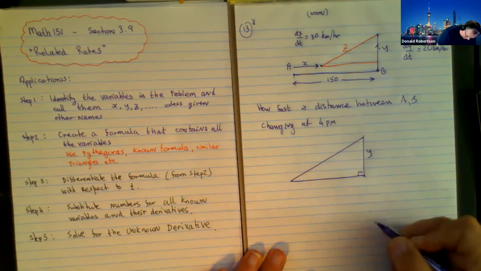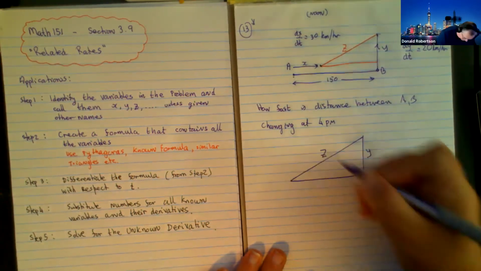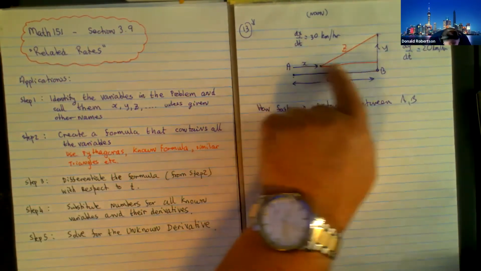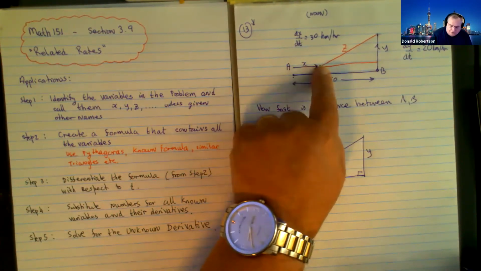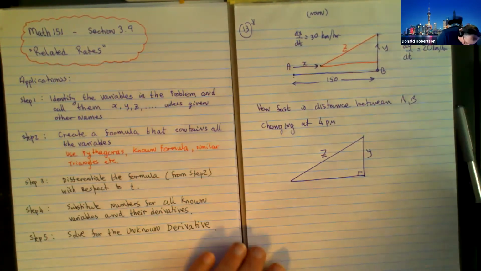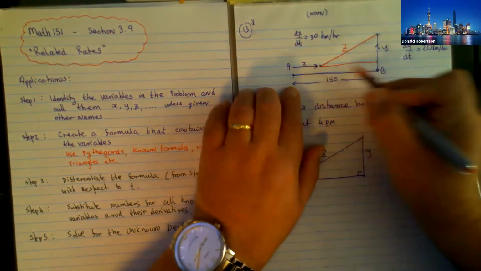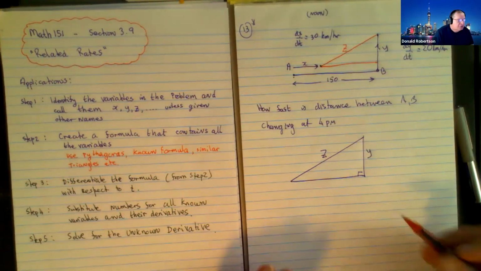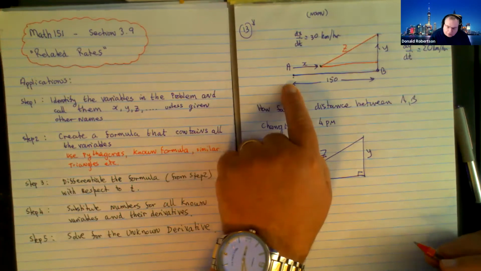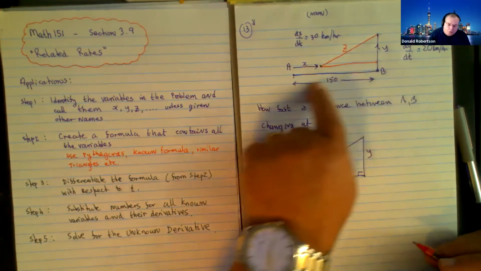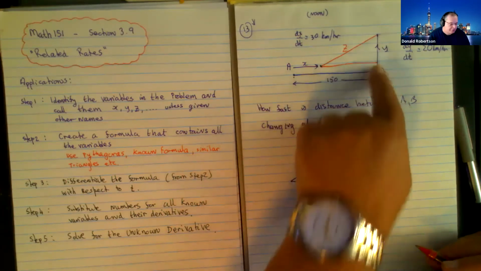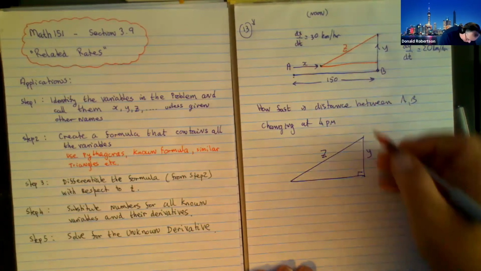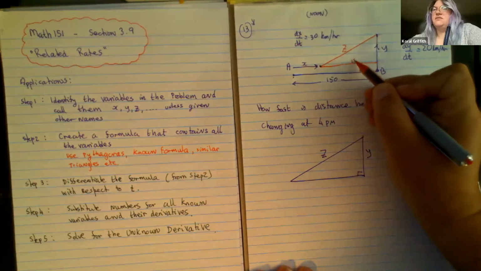That is Y. That is Z. But this distance from here to here is not X. That's this distance. What is the distance from here to here going to be then in terms of X? Your clue is the whole thing is 150 and this piece is X. So what's the other piece? 150 minus X.